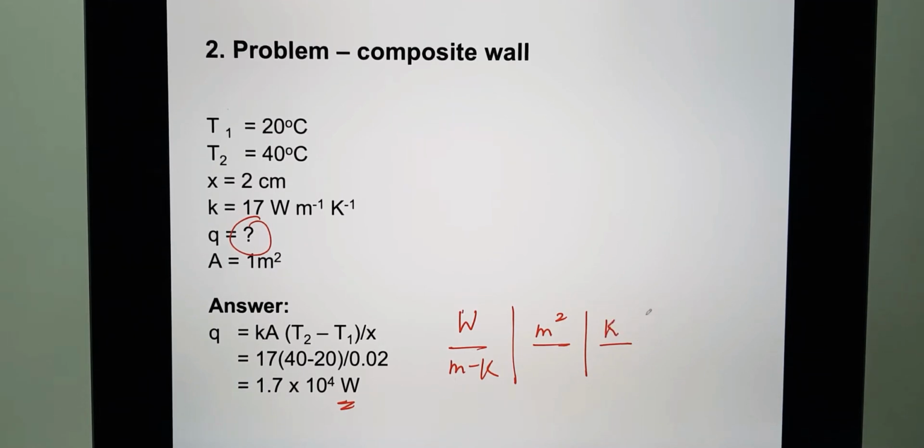And then it will be 1 over X. The unit for X is meter, so from centimeter you need to convert to meter. This is where you can cancel out the unit. Meter cancels out, and Kelvin and Kelvin cancel, so you are only left with the unit of watt. So that's why Q is in the unit of watt.